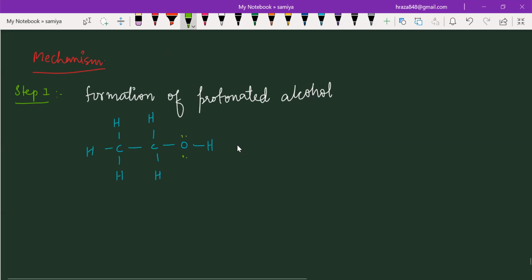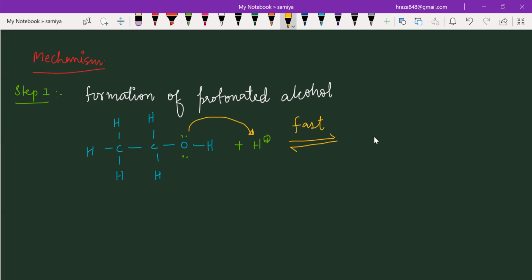And when you react this with proton, that is H plus, you can see this H plus is an electrophile. So it will attack here and there will be a formation of product, and this step is basically fast.